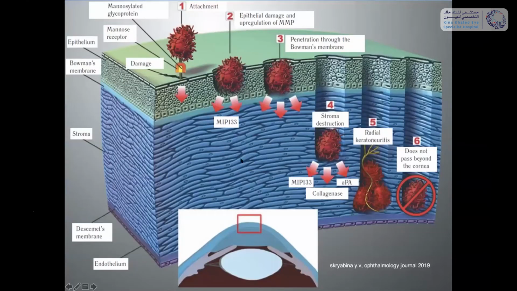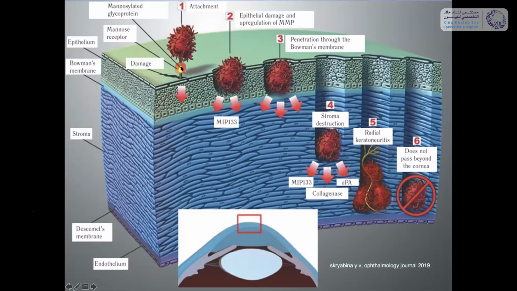As you see here in this cartoon, these cartoons show you the process of the attachment and invasion of the trophozoite to the inside of the cornea. Number one is the attachment, and the attachment here is between the glycoprotein receptor, which is on the surface of the epithelium, attached to the trophozoite by mannose receptor.